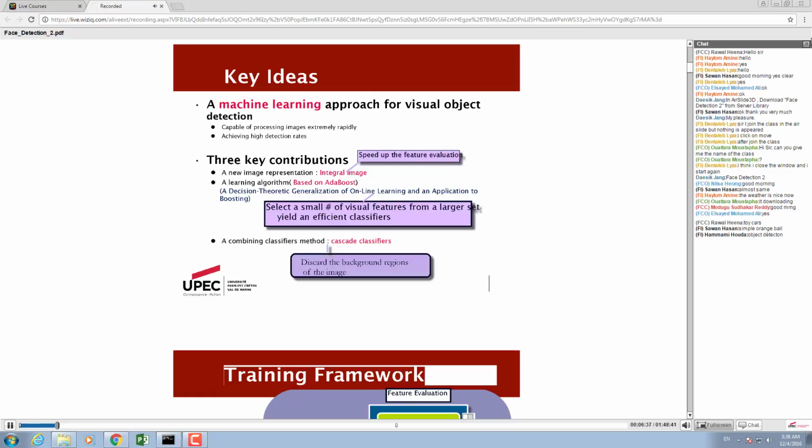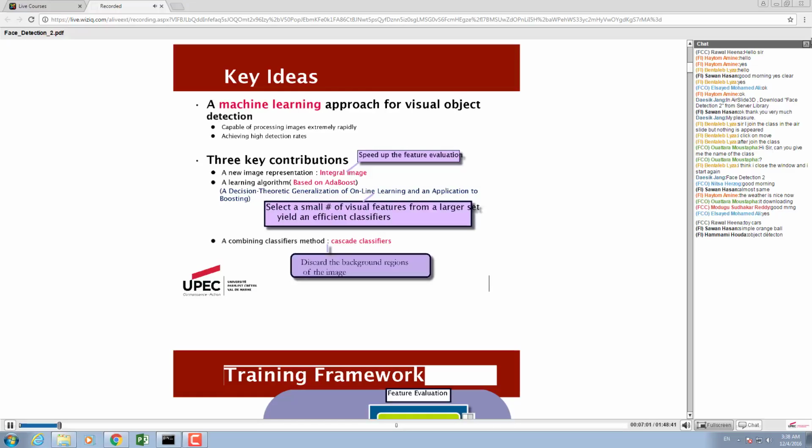Okay. So when you want to understand this algorithm, it is not a simple one, but you have to understand these three parts. The first one is the feature part, which uses the integral image and Haar-like features. You have to understand how they are calculated.